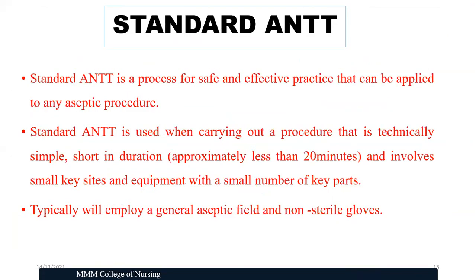Next, we'll see about the standard ANTT and the surgical ANTT. What is this standard ANTT? Because throughout this video, I'm talking about standard ANTT and the surgical ANTT.